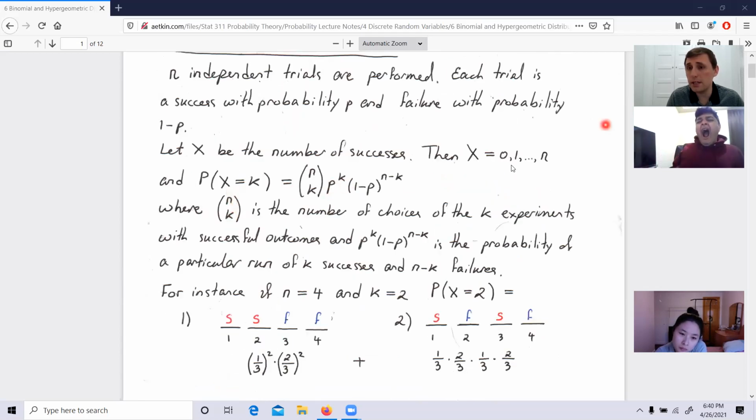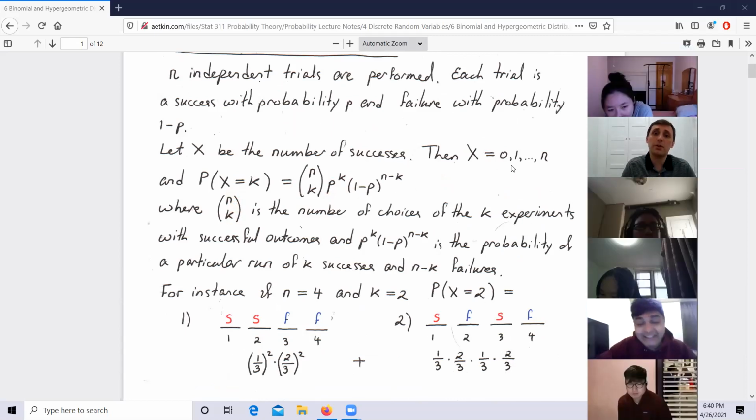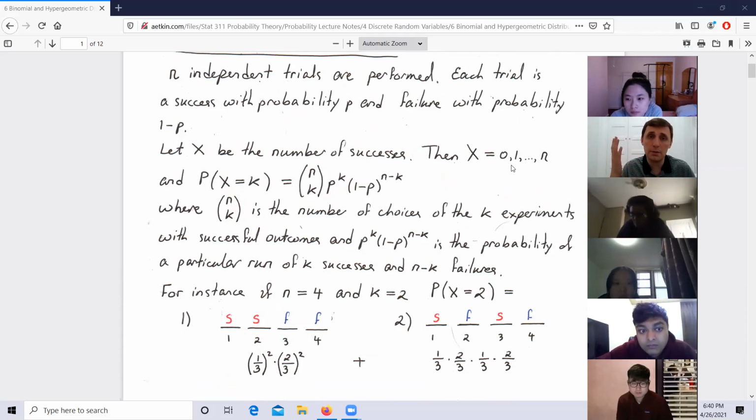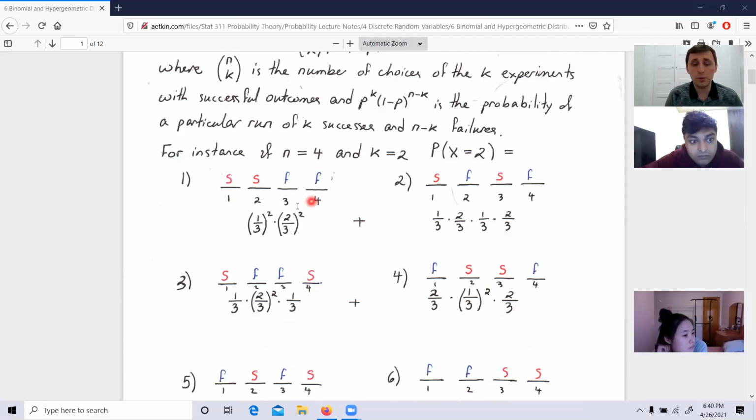And I multiply the probabilities of success and failure because those are independent from one another. Agreed? So why is it p to the k? Because I had k successes, and 1 minus p to the n minus k because the rest were failures. So whichever particular situation happened, I try to show you how the multiplication is done.